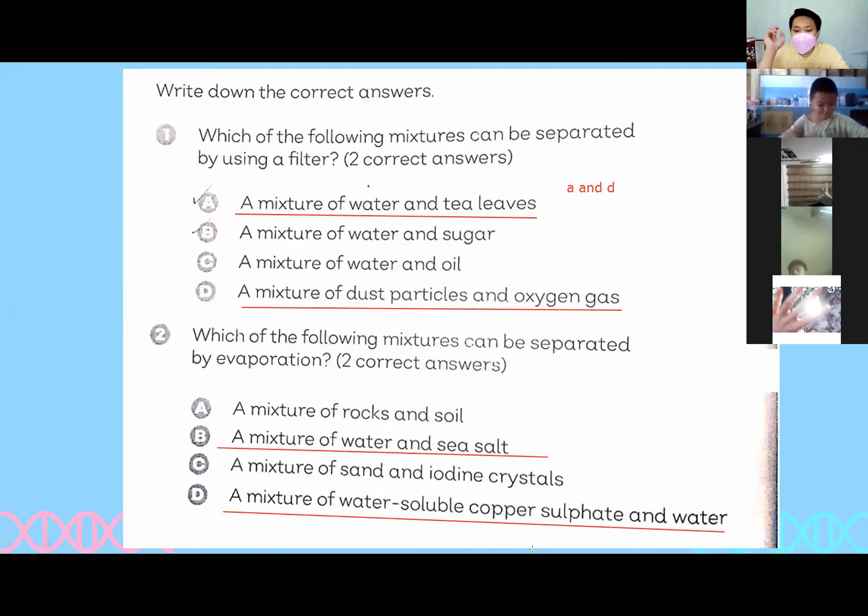Okay? So always remember, everything that you put in the water can be separated using evaporation.